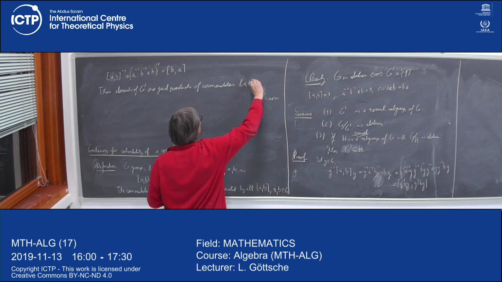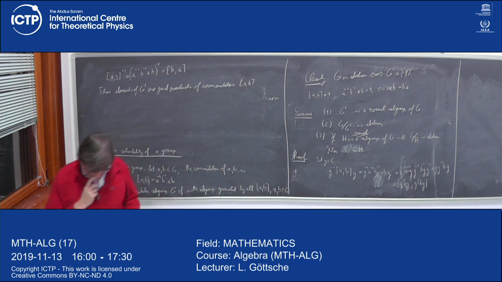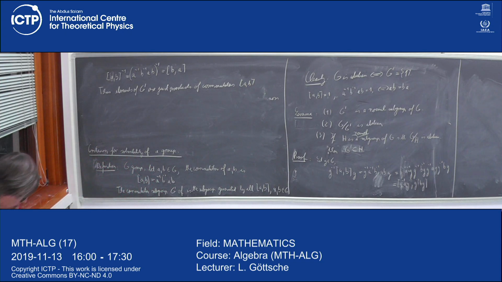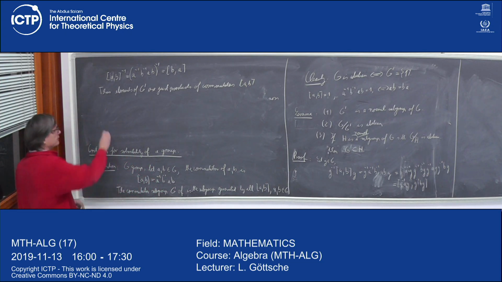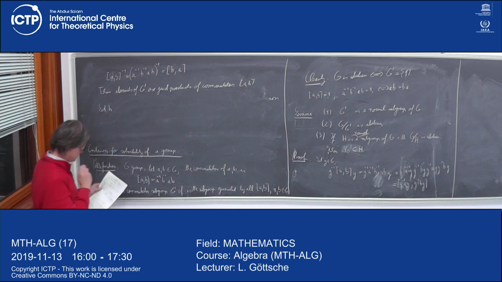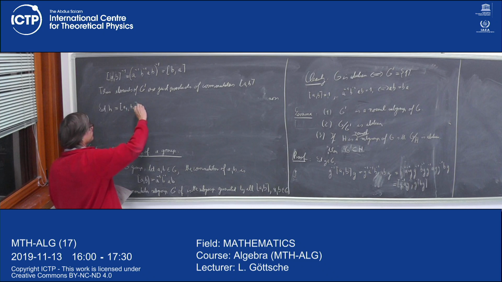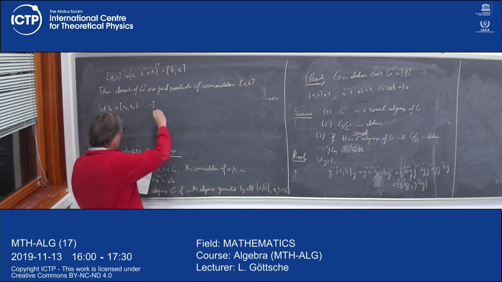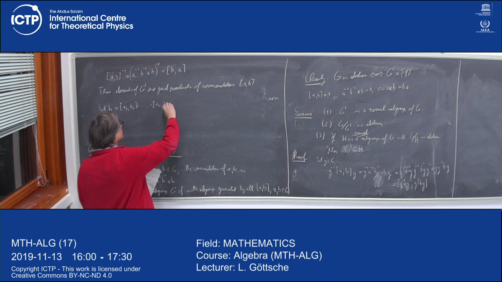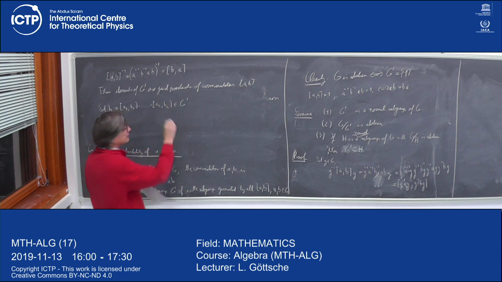Therefore, we can take an arbitrary element in G' and write it as a product like that, a1 b1 times up to an bn, in G'. This is an arbitrary element.